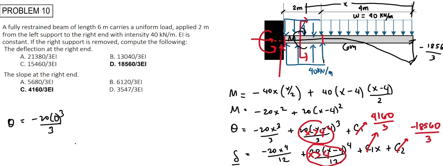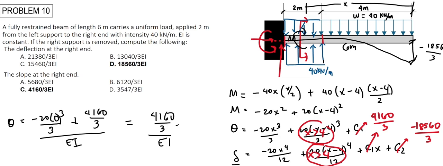And then we add this up by c sub 1, that is equal to 4160 over 3. And all of this is divided by the flexural rigidity EI. And this is equal to 4160 over 3 all over EI, or basically 4160 over 3EI.